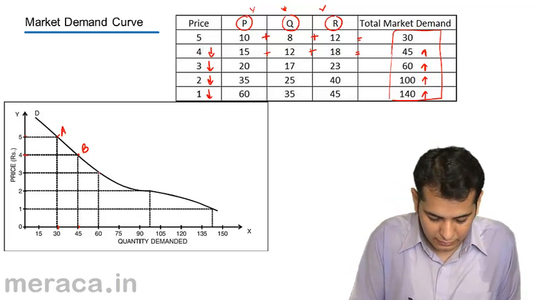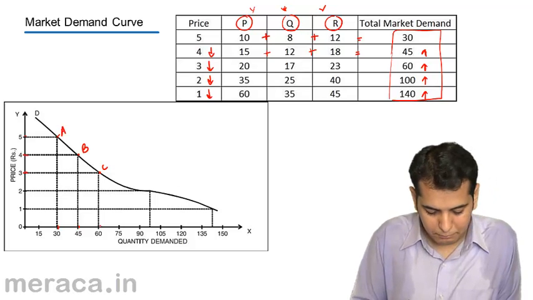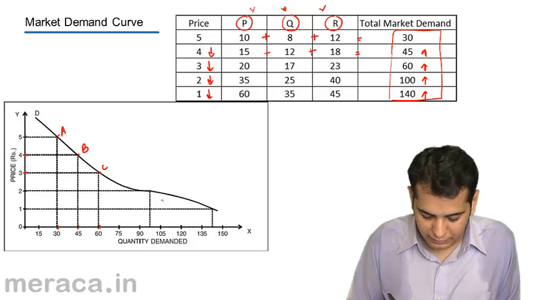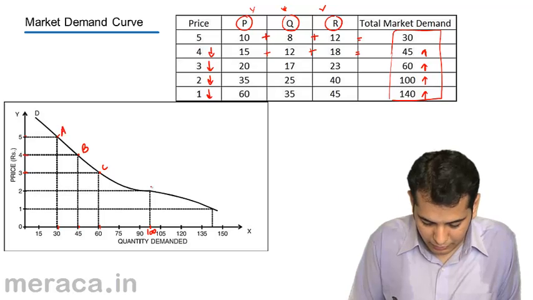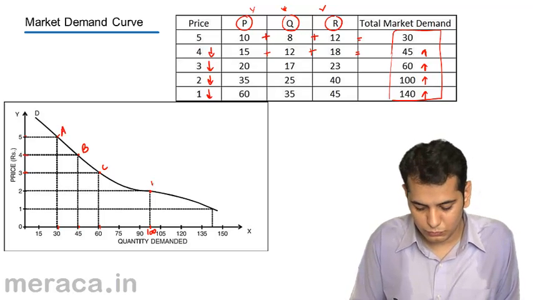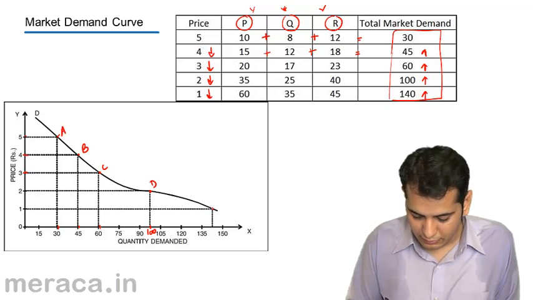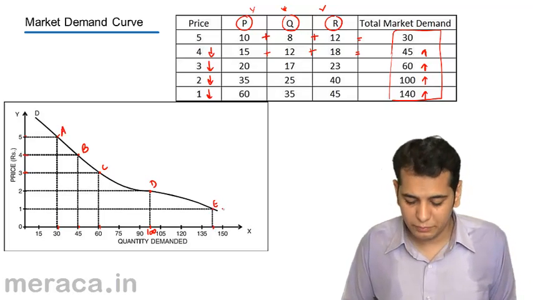Point C will be when quantity demanded is 60 and price is 3. Likewise, point D will be when the quantity demanded is 100 and the price is 2. And finally, point E will be when the quantity demanded is 140 and the price is 1 rupee.